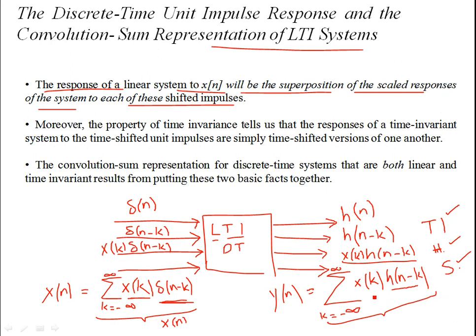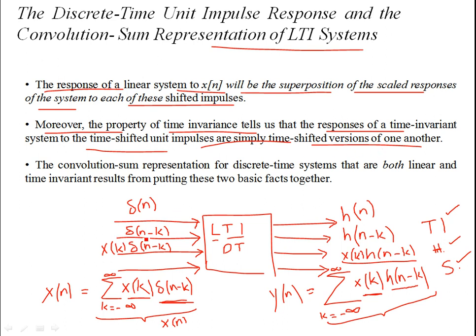It is already scaled by the same scalar by which the input is scaled, x of k. So the output is a superposition of the scaled responses of the system to each of these shifted impulses. Moreover, the property of time invariance tells us that the responses of a time invariant system to the time shifted impulses are simply the time shifted versions of one another.